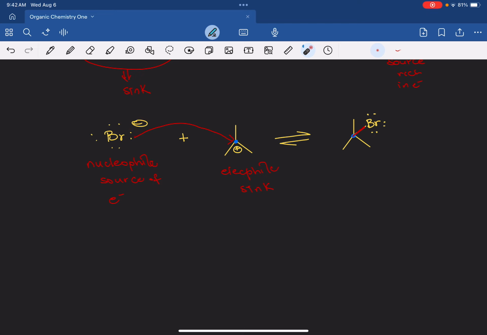So let's reason out why there's no charge here. These lone pairs here, it has 2, 4, 6, 8. Over here it has 2, 4, 6, and still 8, but notice what's happening to these electrons. These 2 electrons, and I'm going to circle them, are no longer sitting just on bromine. They're being shared between carbon and bromine in a bond. So do I have more negativity or less negativity?